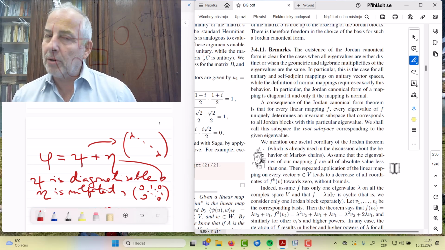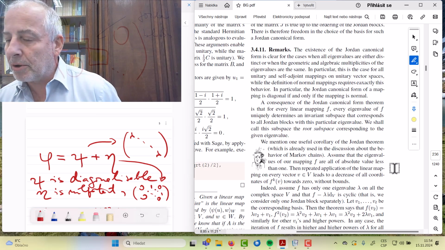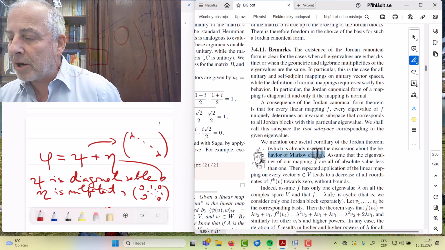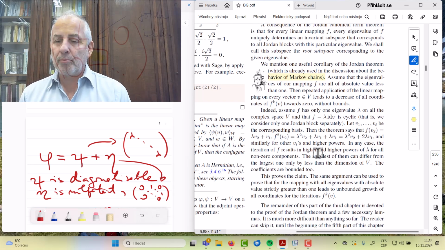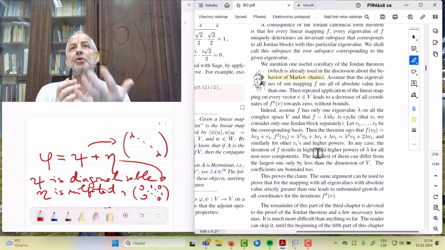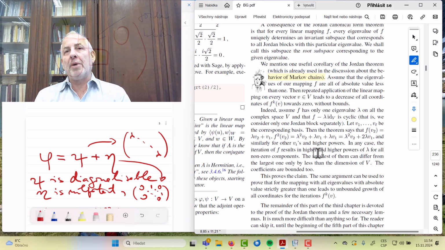Because now we, for example, can really complete our discussion of the behavior of Markov chains. If you start with some stochastic vector in a Markov chain of our type, this discrete one we discussed some time back, then once you have your stochastic primitive matrix, which runs the iterative procedure, then of course you can find the Jordan canonical form for that.